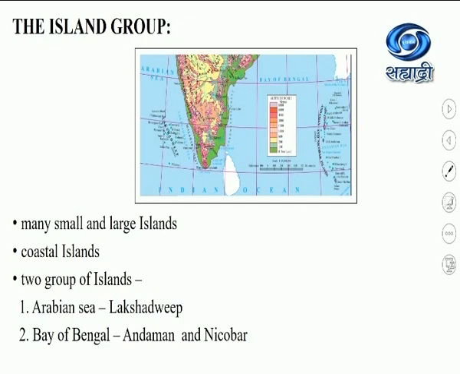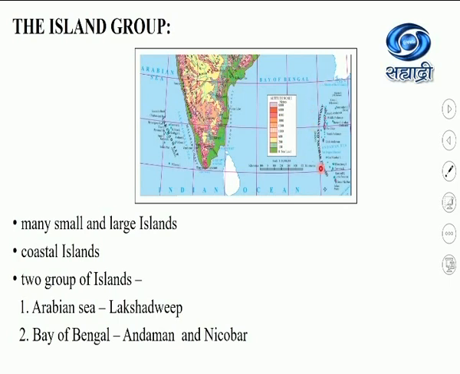They may be single islands, but there are two groups of islands in the Arabian Sea and Bay of Bengal. One group of islands found in the Arabian Sea is called the Lakshadweep Islands. In this image you can see a number of small islands grouped together. This island group is called the Lakshadweep Islands, in the Arabian Sea region.